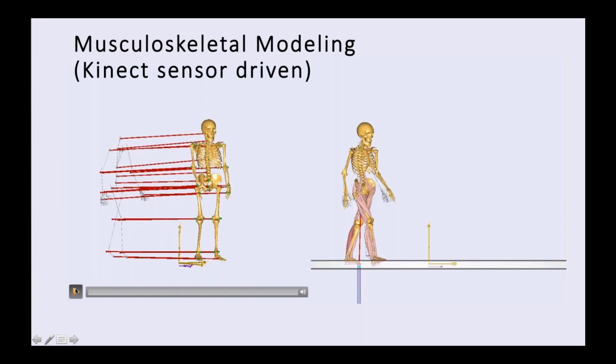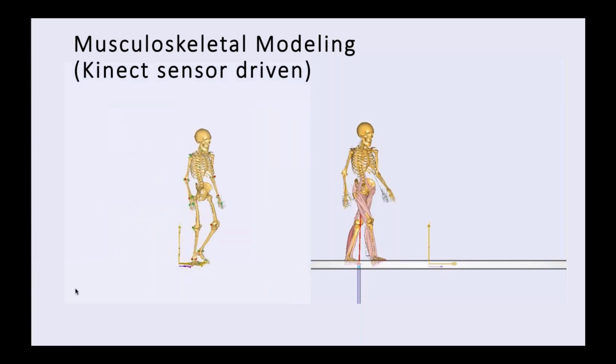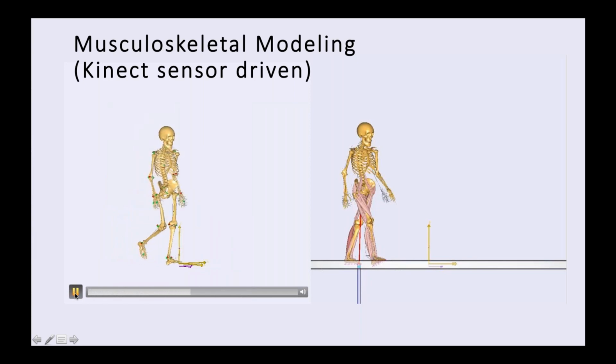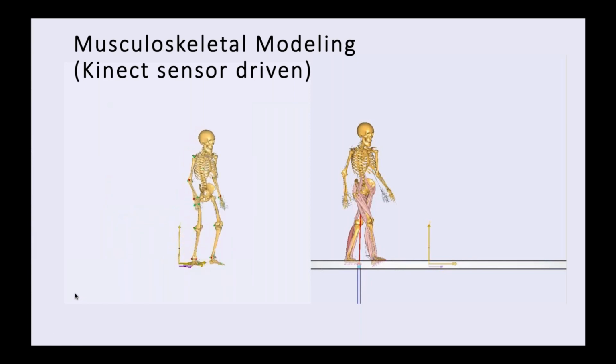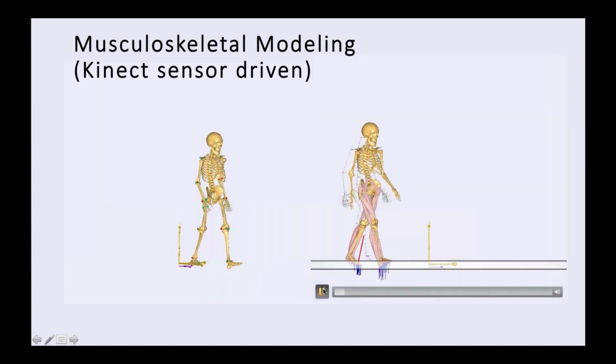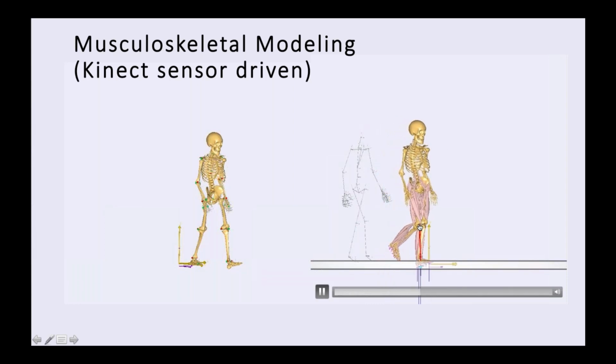Once we do that inside the AnyBody modeling environment, we come up with this kinematic solution driven by the Kinect. Once we do so, then just like any other AnyBody model, we can do our inverse dynamics modeling to come up with the internal forces we need.